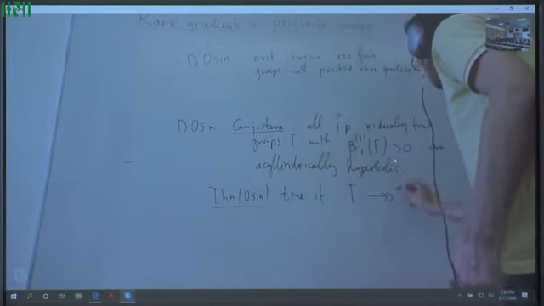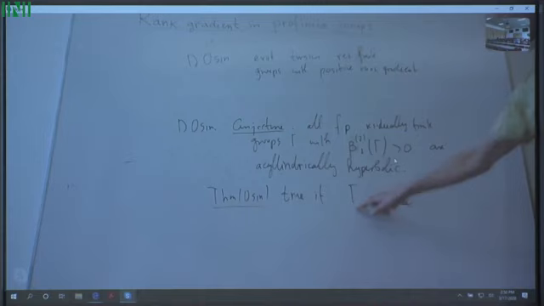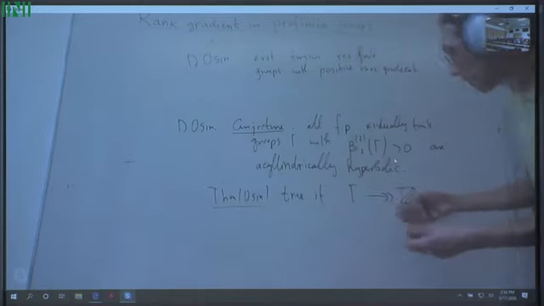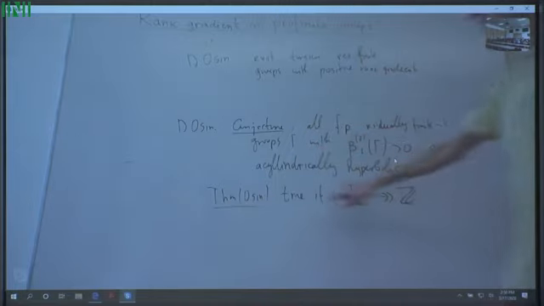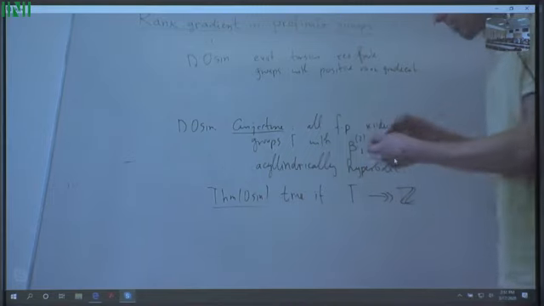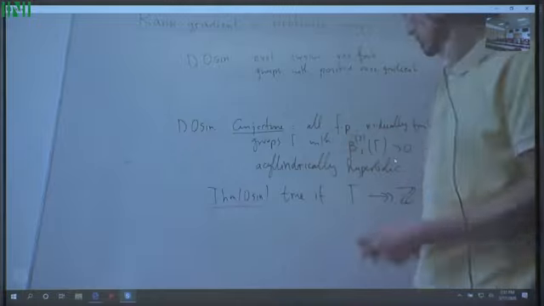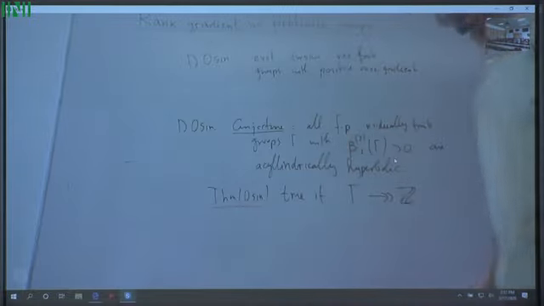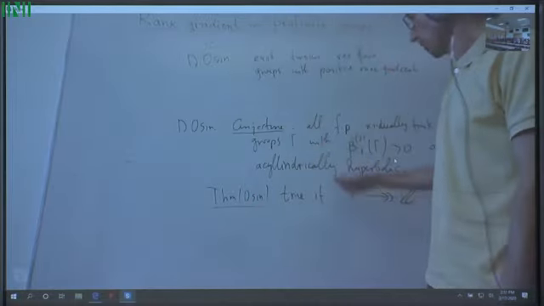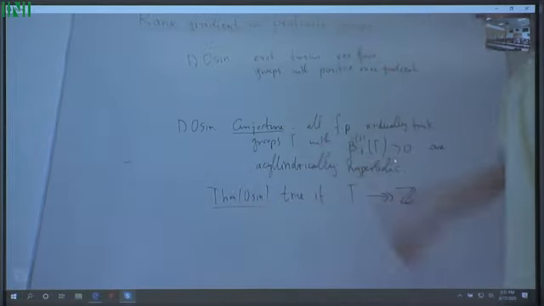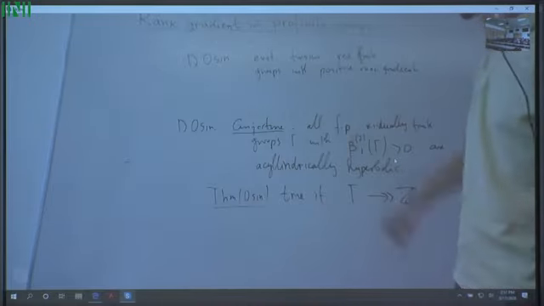So if the abelianization of gamma is infinite, then this is true. Yeah, it's a nice short proof using combinatorial group theory. So we do have some kind of grip on the finitely presented groups of positive rank gradient. Maybe not a complete picture, but we have something that we are aiming for.